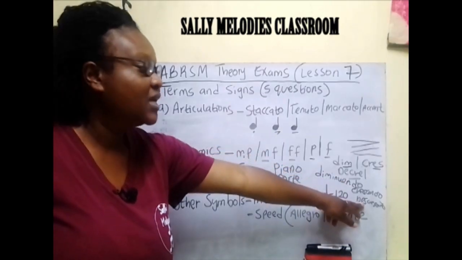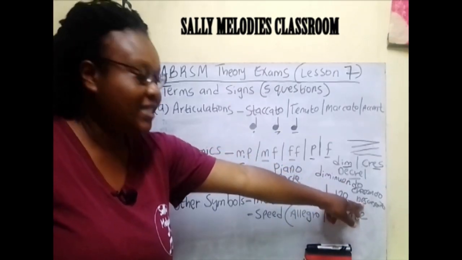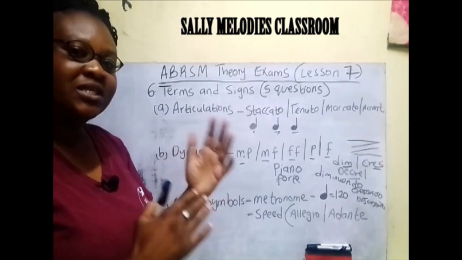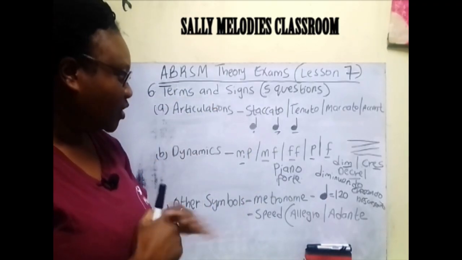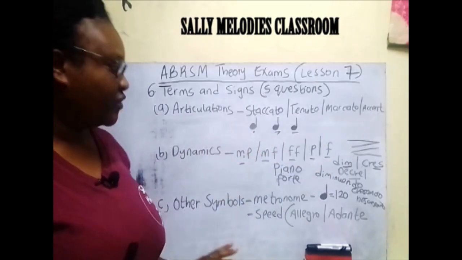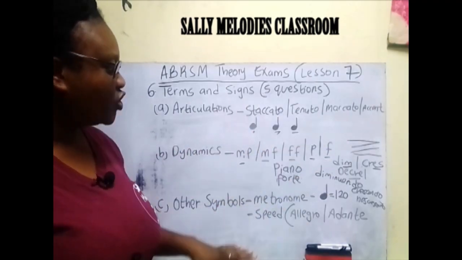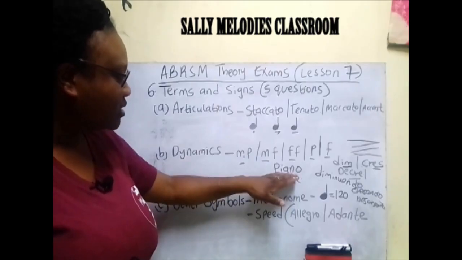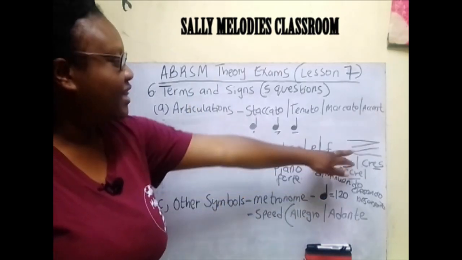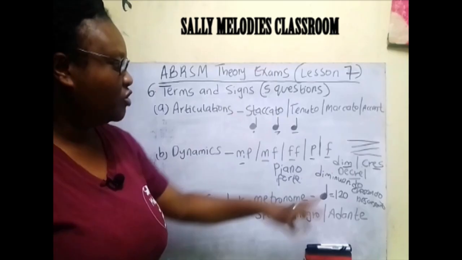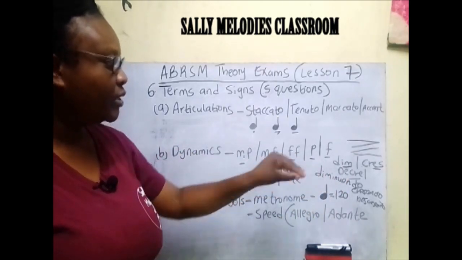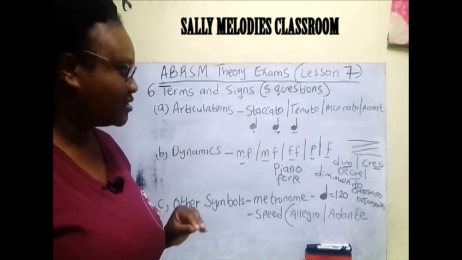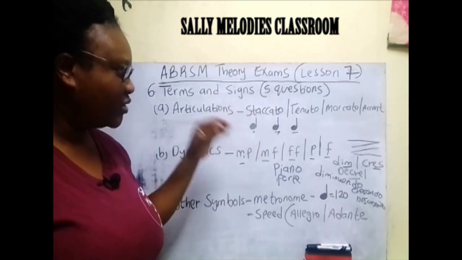Crescendo means the song is gradually getting louder. So it is good to study everything. Study the abbreviations, study the terms, study the signs. And you can also study the short form of the word: diminuendo, dim, crescendo, cres, decrescendo, decres. So it comes like that.